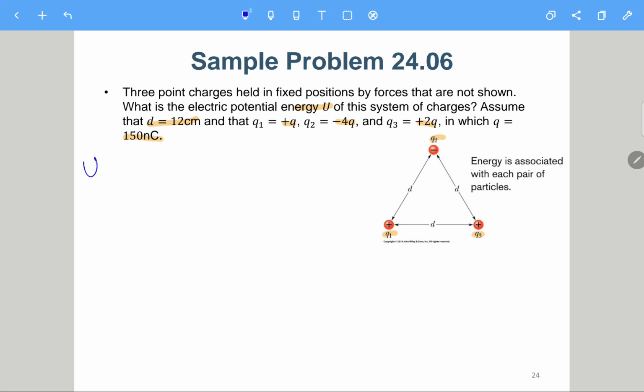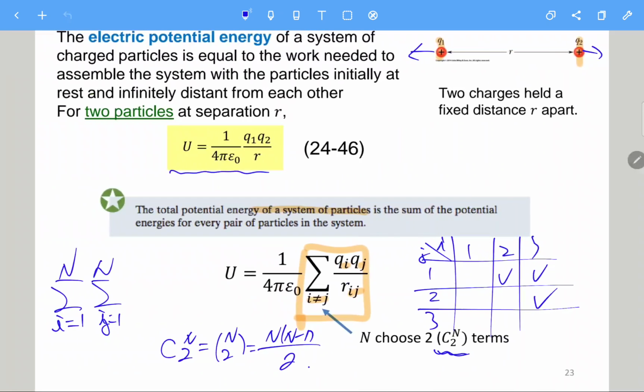So the total U is U12 plus U23 plus U13, or U31. So we have K times the summation of QiQj over Rij.